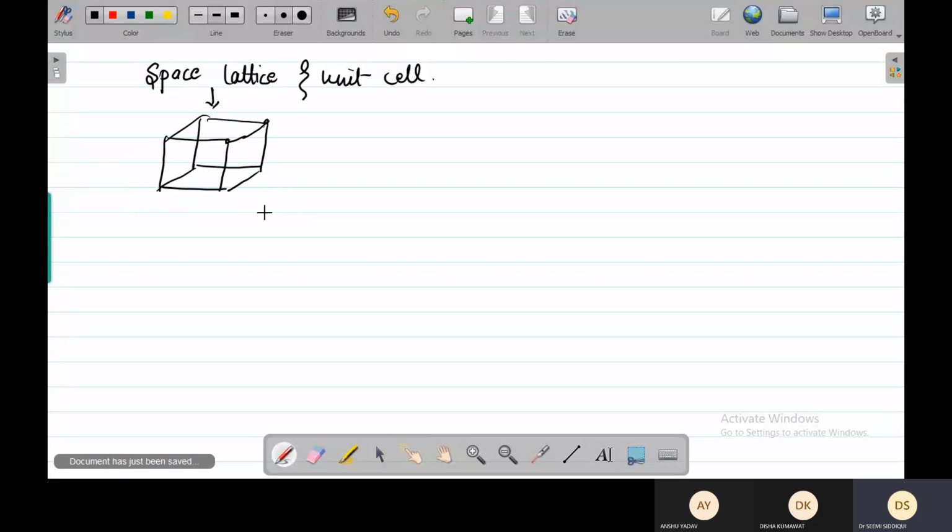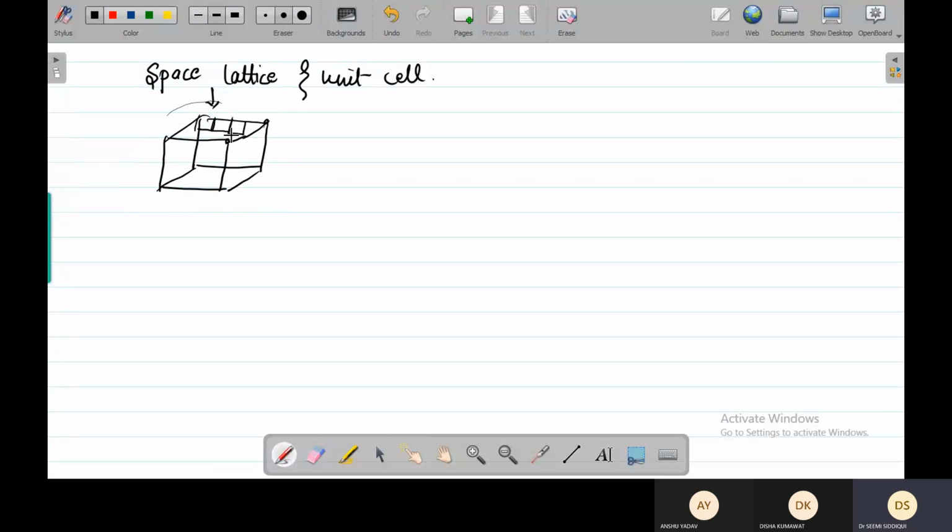Now, the unit cell is the smallest portion. Like, this is one complete cube, and inside this cube we are going to have different further cubes. So a unit cell is the smallest portion of a space lattice, which when repeated in different directions is going to generate the entire lattice.